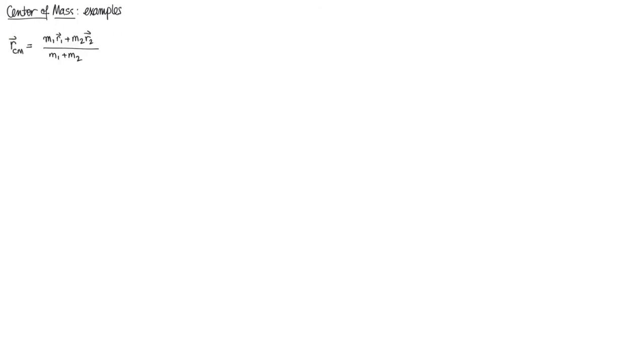So here we have the definition of the center of mass for a collection of two point particles, m1 and m2, and if we let capital M be the sum of m1 and m2, in other words, the total mass of the system, then we can write this out as m1 times the x and y coordinate of object 1 plus m2 times the position vector to object 2 divided by the total mass of the system.